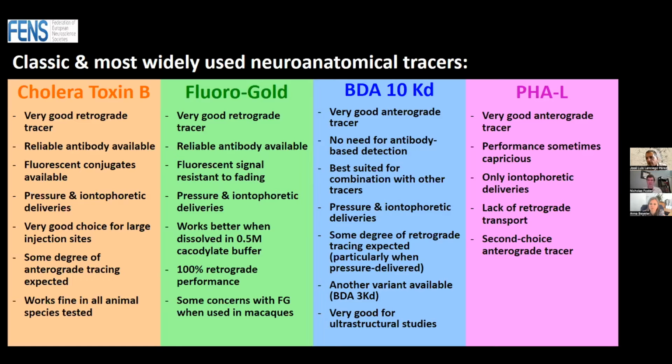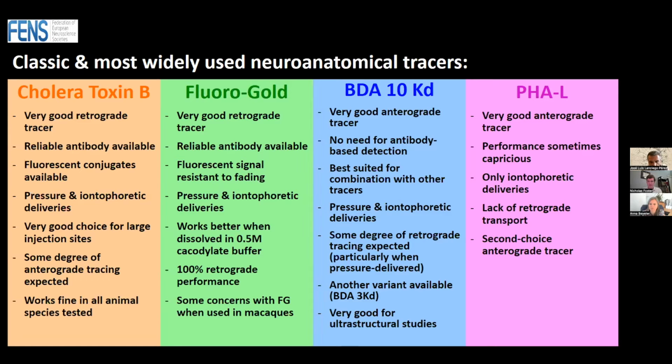And this property makes BDA particularly well suited when used in combination with several other tracers, because you don't have any problem in terms of cross-reactivity of antibodies. It's a bidirectional tracer. You may expect some degree of retrograde transport of BDA, particularly when delivered by pressure.